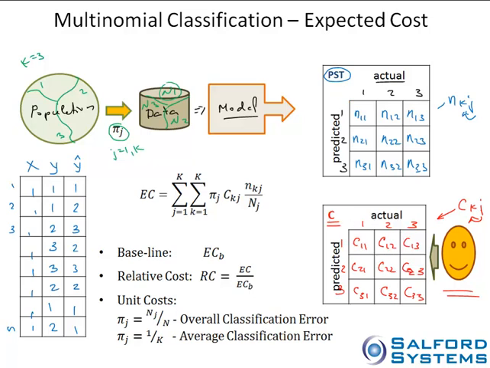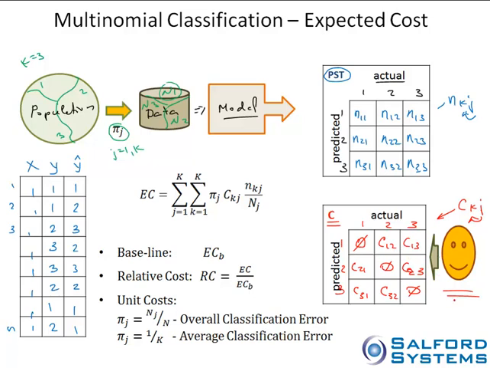Now what usually happens, though, is that in reality you don't assign any costs to correct classifications, so these are zeros, and you assign some positive costs to all of these other misclassifications that can take place. There is really no rule on how the costs should be assigned, because it all depends on the nature of the problem that you're solving and your own characteristics.